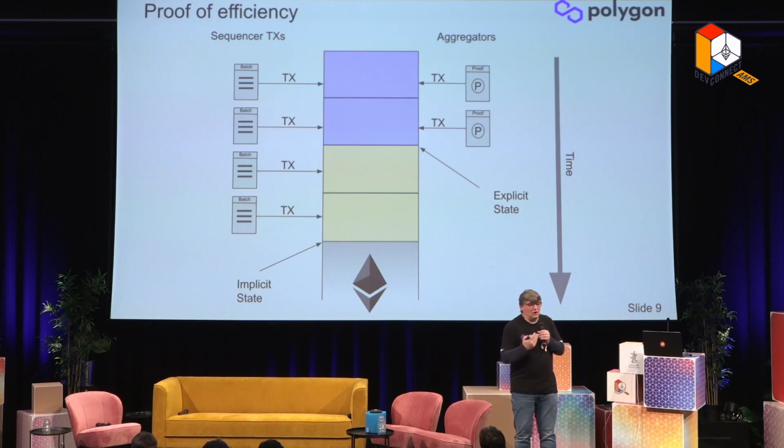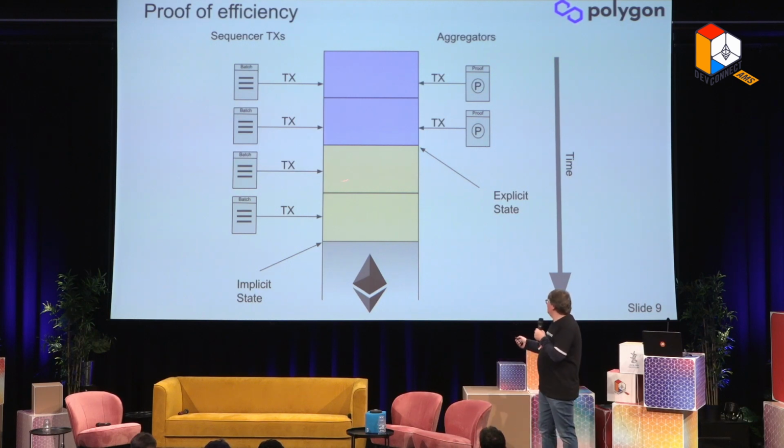The state is implicitly known, so anybody can calculate the state, but this state is not on-chain. And what makes this state explicit is the prover. So later on, once these transactions are here, somebody is going to validate those transactions.